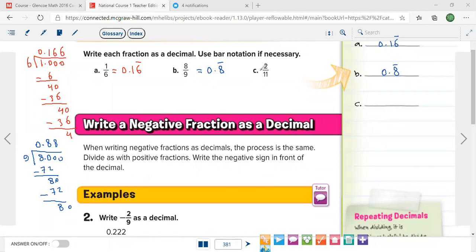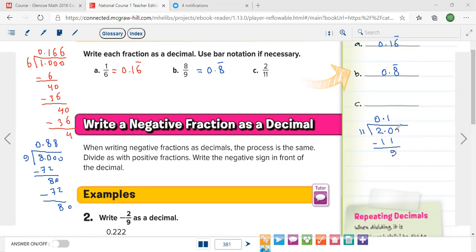Now, 2 over 11, I'm going to do here. Let's divide 2 by 11. So it's 0, and we put a decimal point and 0, and we lift the decimal point up. So 20 divided by 11 is 1. 1 by 11 is 11. Minus will give you 9.